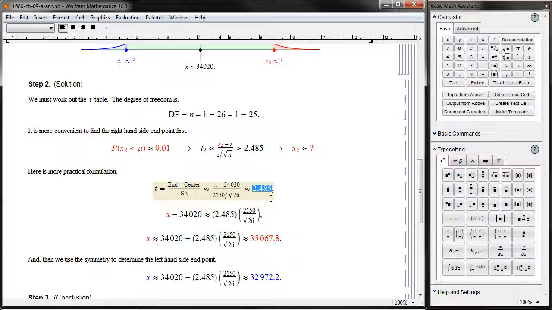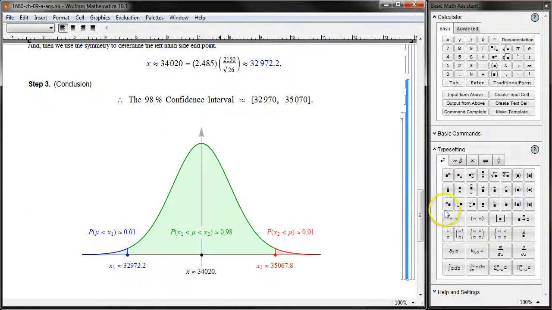Remember that there were 26 private college students in this sample, so degree of freedom was 25. Anyway, from this equation, solving for x by this process, we have $35,067. Using symmetry, you get the other endpoint, $32,972. In the end, we have this conclusion.